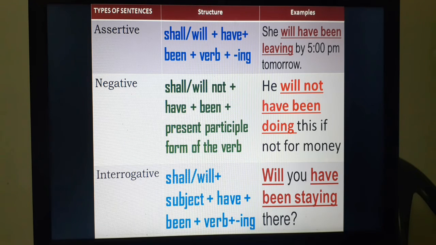In negative, the structure is shall or will not plus have plus been plus present participle form of the verb. He will not have been doing this if not for money. In interrogative, the structure is shall or will plus subject plus have plus been plus verb plus ing. Will you have been staying there?